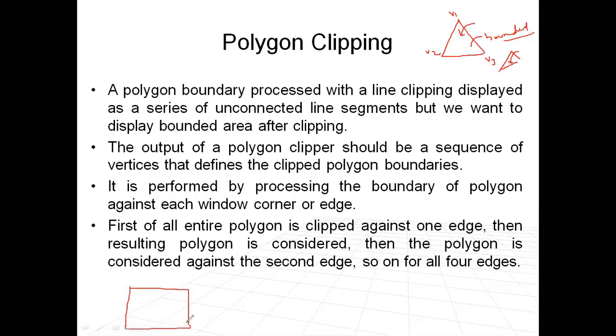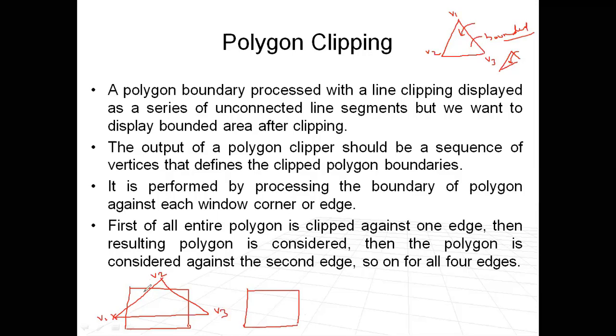For example, let's say this is the polygon that has to be clipped. When we clip this using the line clipping algorithm, we will take an input of one line after another. So v1 and v2 will be one line, v2 to v3 will be another line, and v1 to v3 will be another line.